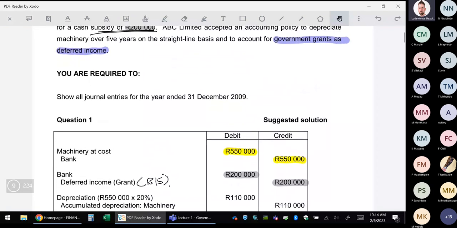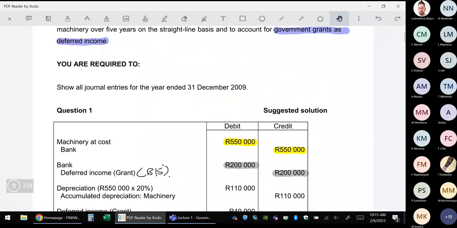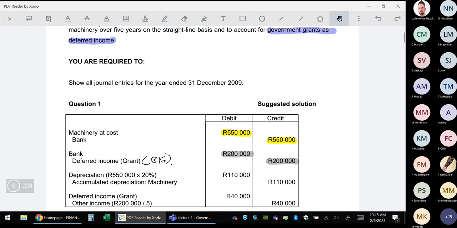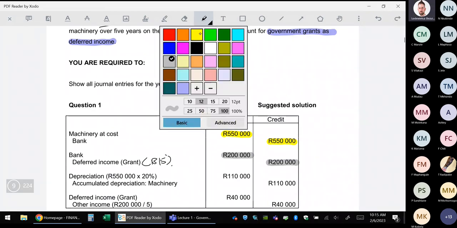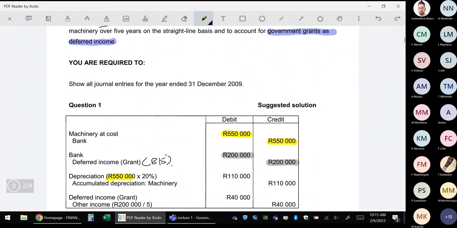Because we use the asset-based grant and the income recognized from the asset-based grant as deferred income over the useful life of the asset, we will calculate the depreciation only by using the cost of 550 and the depreciation rate of 20% per year.